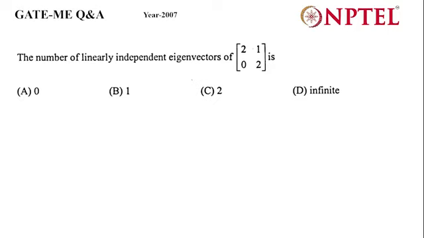It would be 2. All of you got C only. No, ma'am, it would be 0. B, ma'am. Yeah, B is the correct answer. Okay, we will solve this question also.